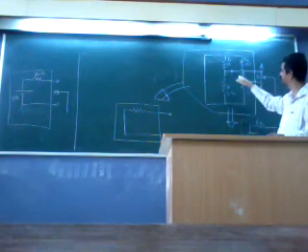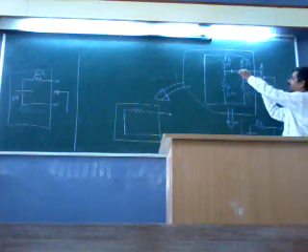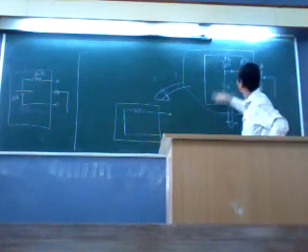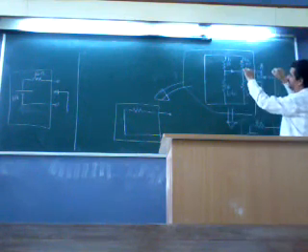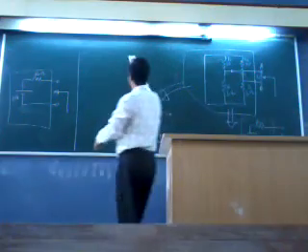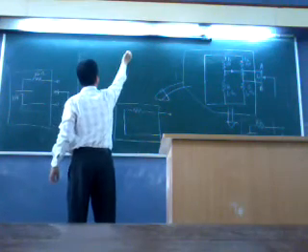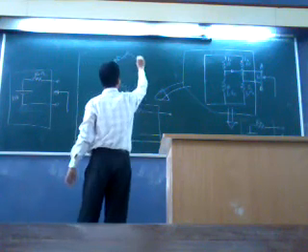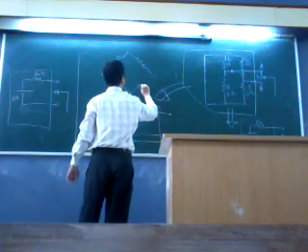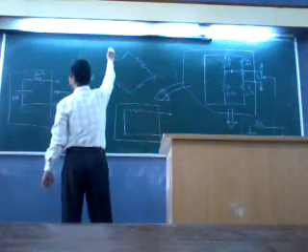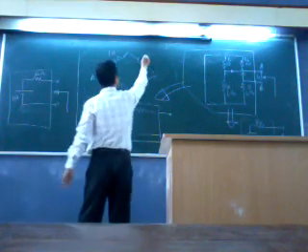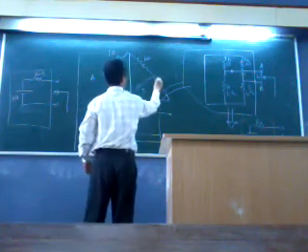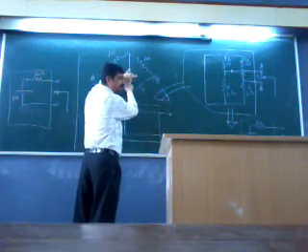Then when you look from this side, what do you see? Simply a resistive network. Means I can redraw it and look from this side. This is point A, this is 10, this is 10, this is 10, this is 5. So it is a short.